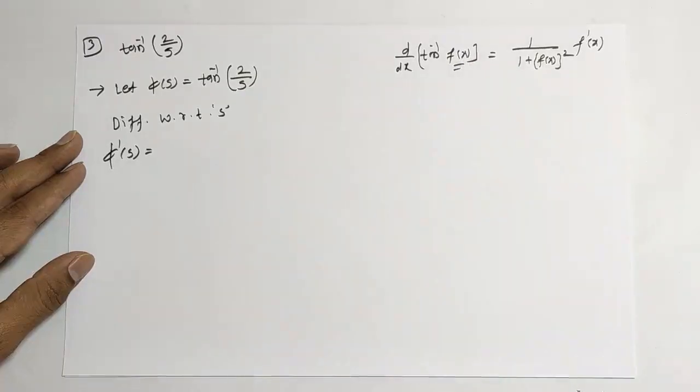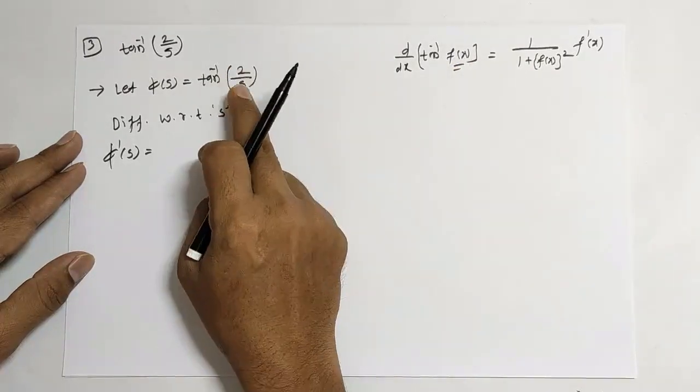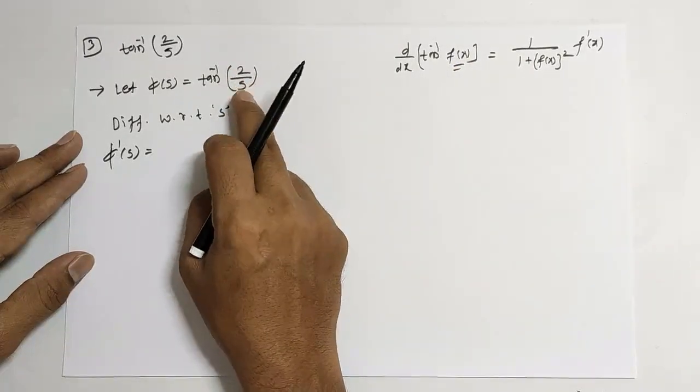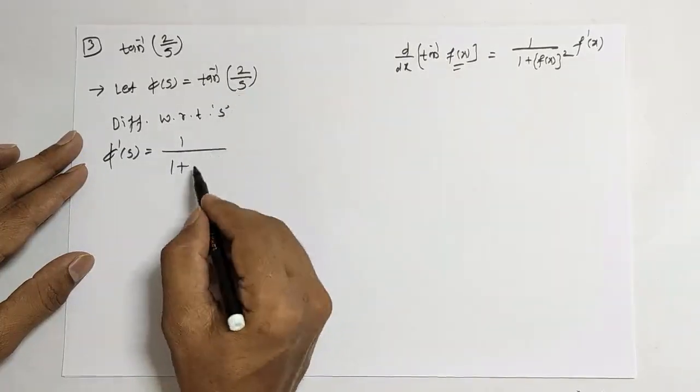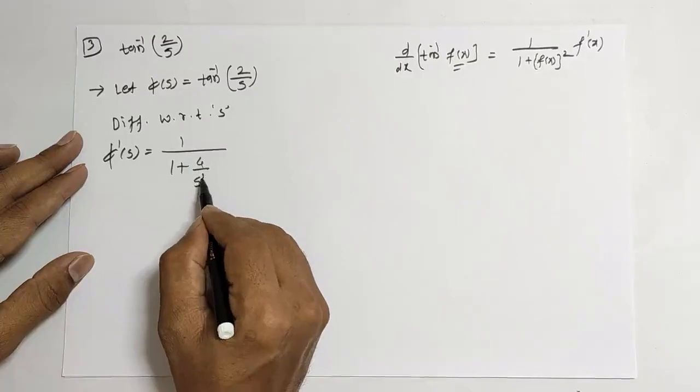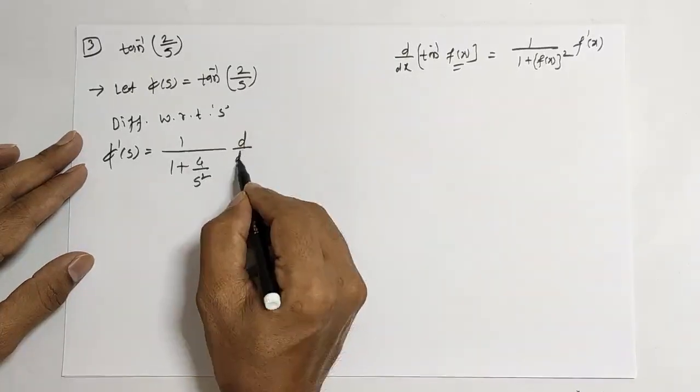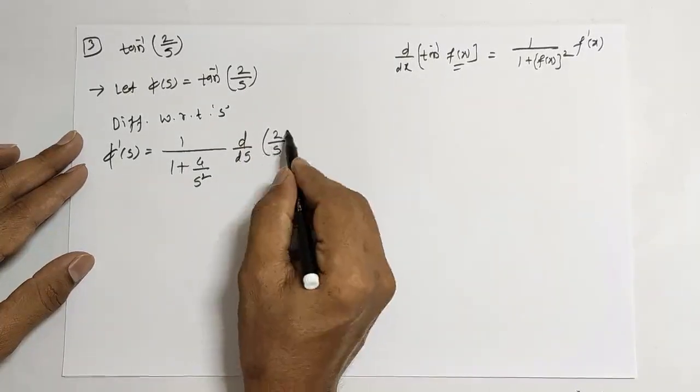So here f of x, that is a function of x, here this is a function of s, 2 by s. So 1 upon 1 plus square of this, so 4 upon s square into derivative of 2 by s.